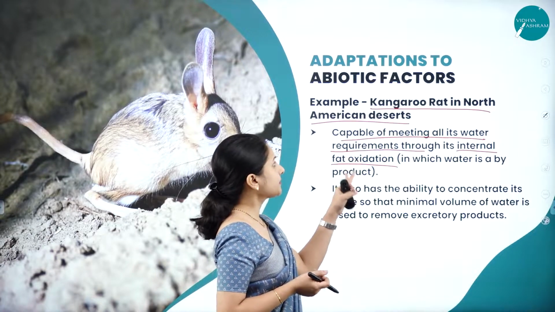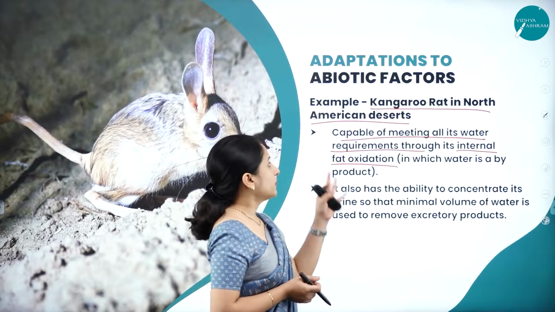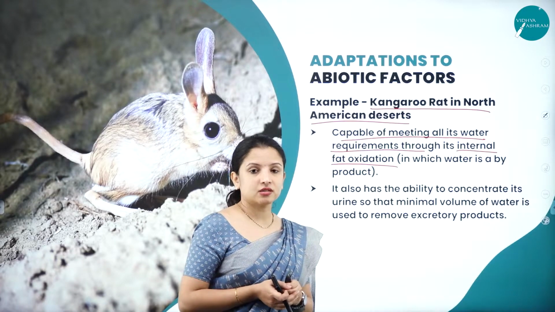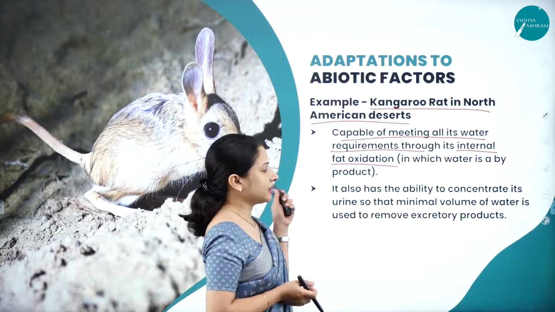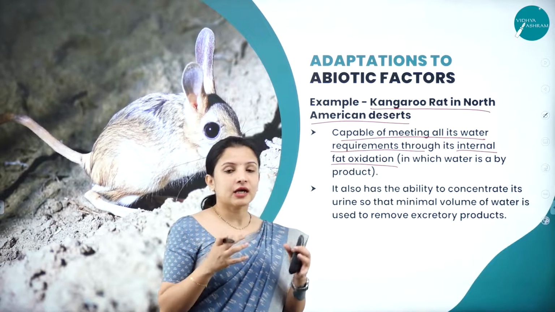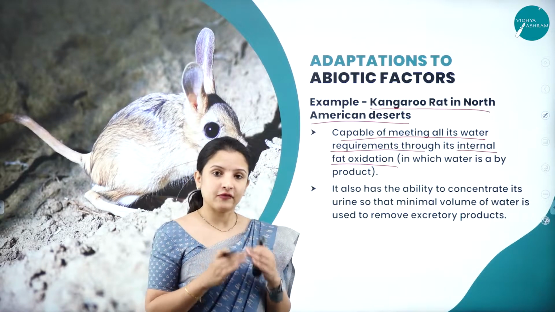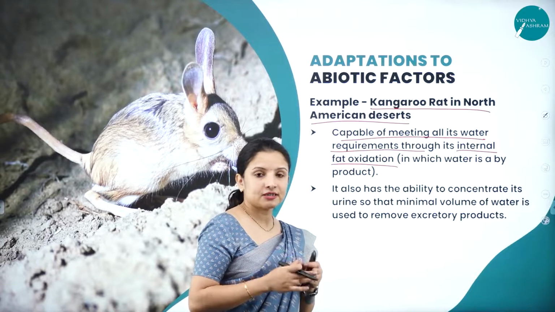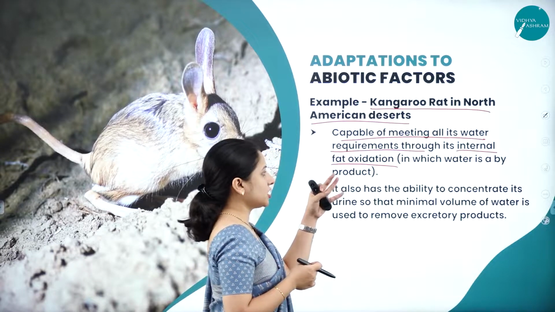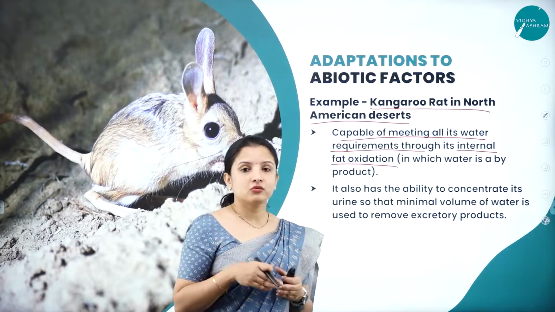Likewise, the kangaroo rats, which are present in American deserts and also in Australian deserts, have fatty content in their body, and in those fatty tissues or fatty cells, water is stored. And these fats undergo oxidation, and after oxidation, what happens?